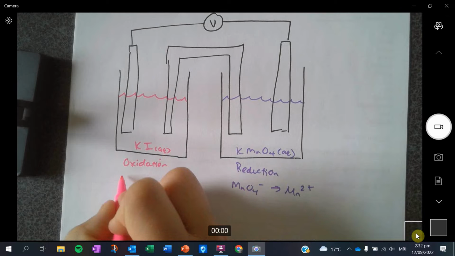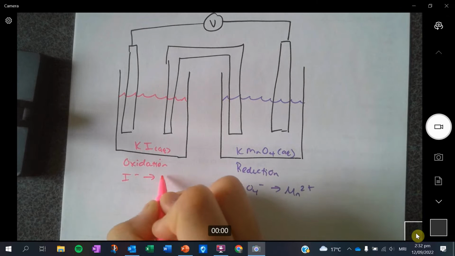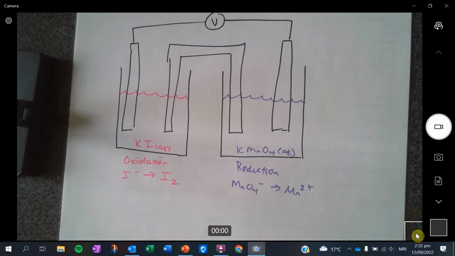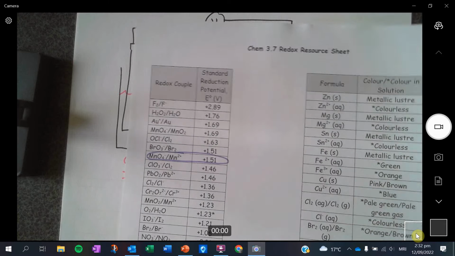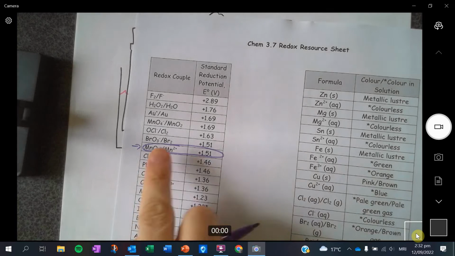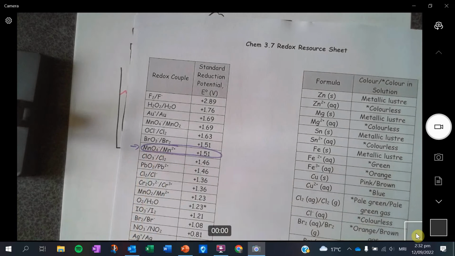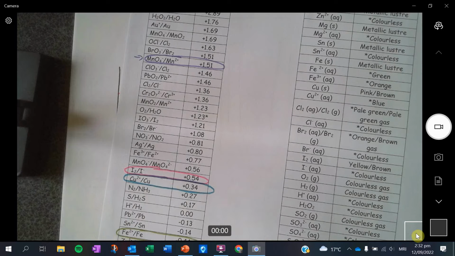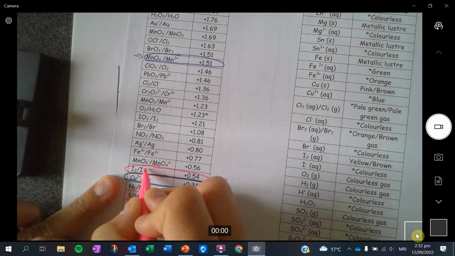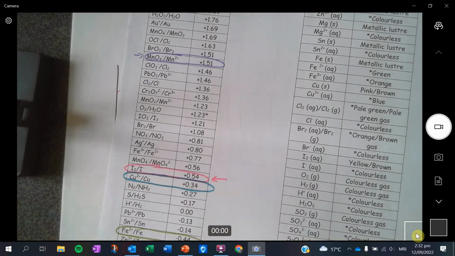And that's going to go from I minus to I2. Let me make a note on the direction that we're going. So be mindful that since this is a reduction and this one's going forward, MnO4 minus to Mn2 plus, this one is my oxidation, so it's going to go in reverse. Thus, I'm starting with the I minus to I2. So we should always have one on each side.